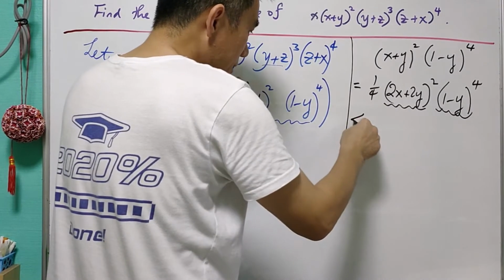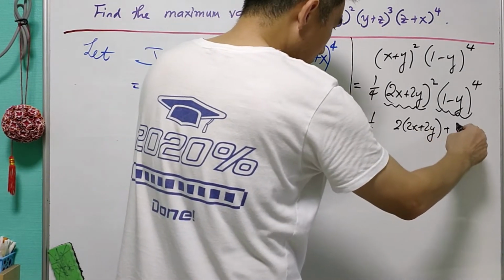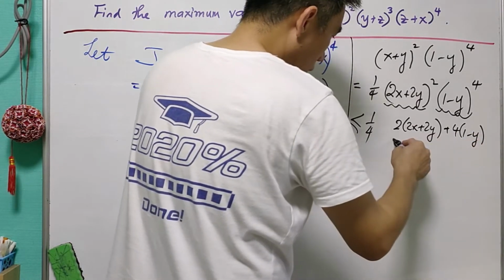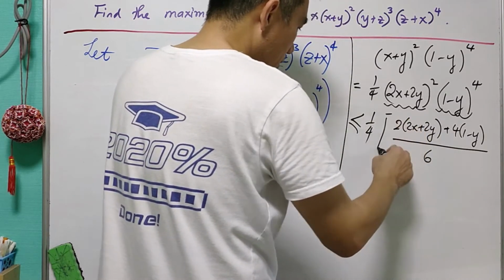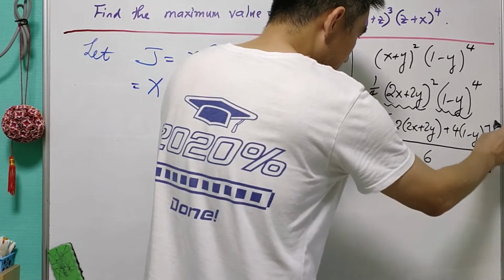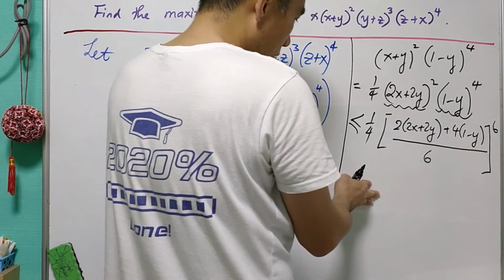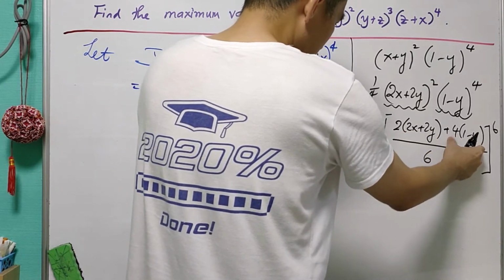This itself will be less than or equal to 2x plus 2y plus 4 of 1 minus y, over 6 of them, then to the power of 6. This is so because of the AM-GM inequality. With this, y will be eliminated.